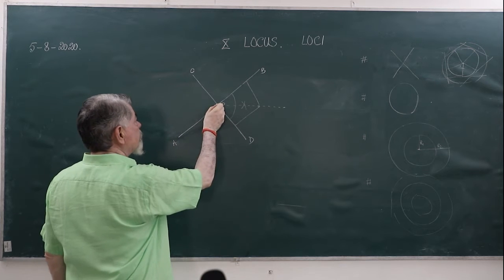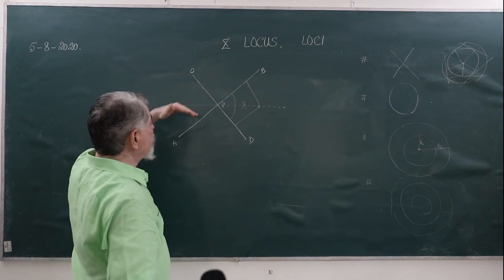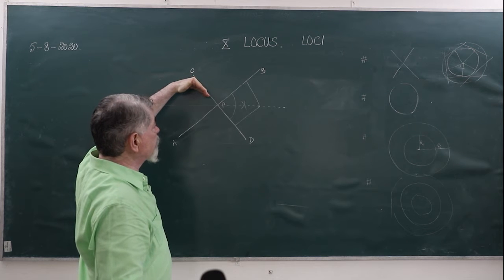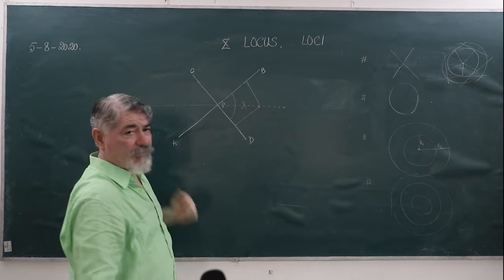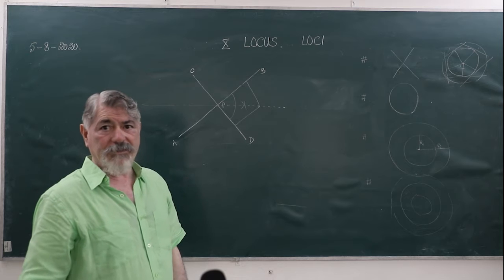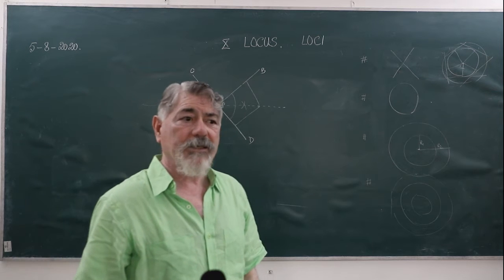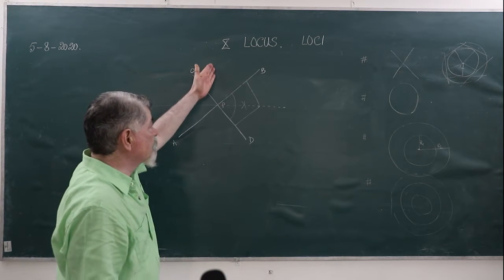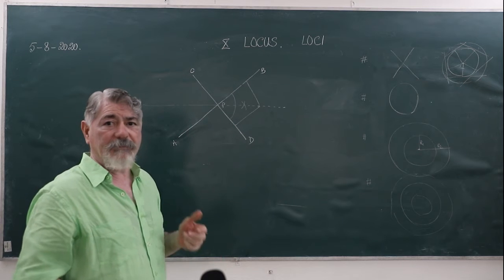Similarly, if I extend this back here, obviously every point on this line will be equidistant from CP and PA. But the question is, what about this? The same will happen here.